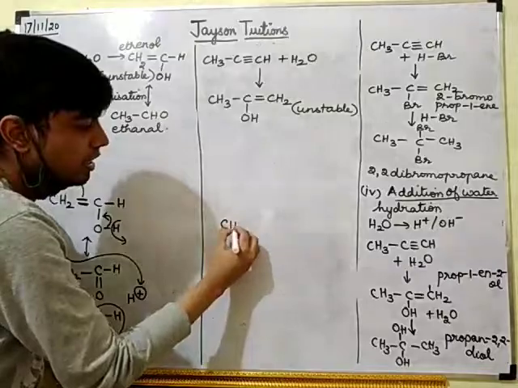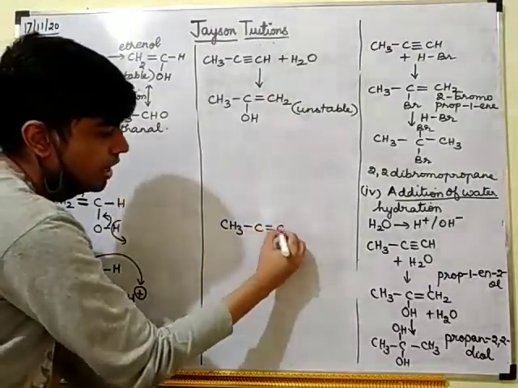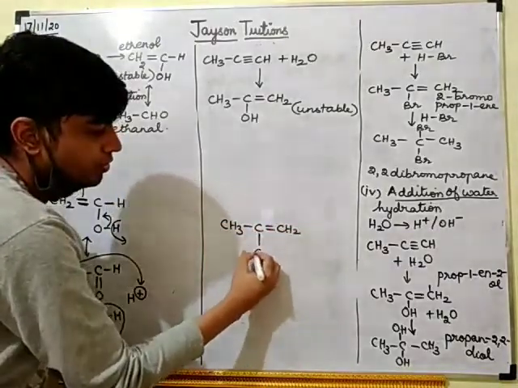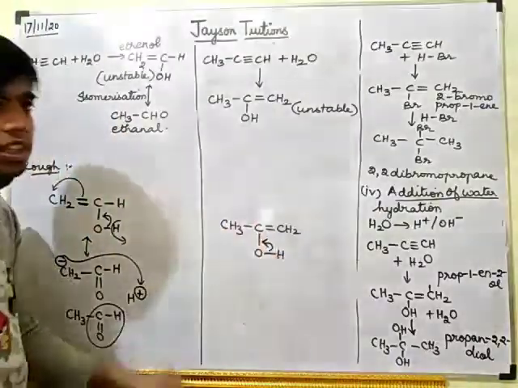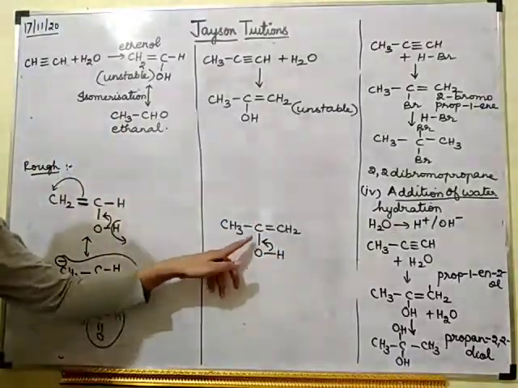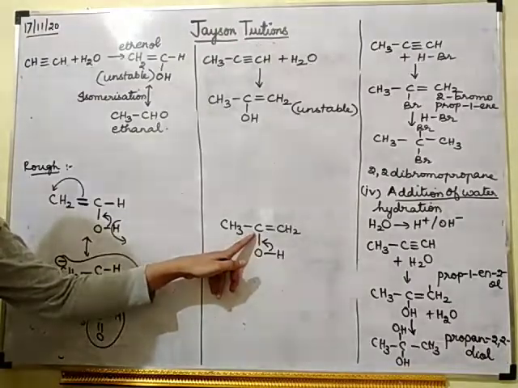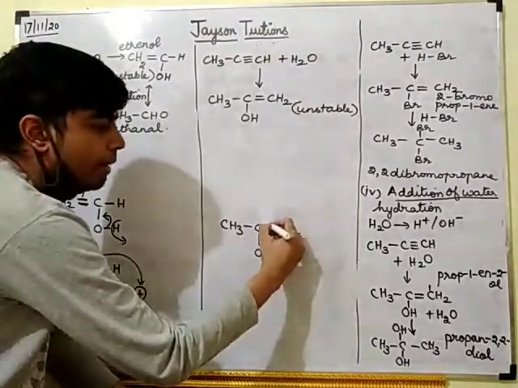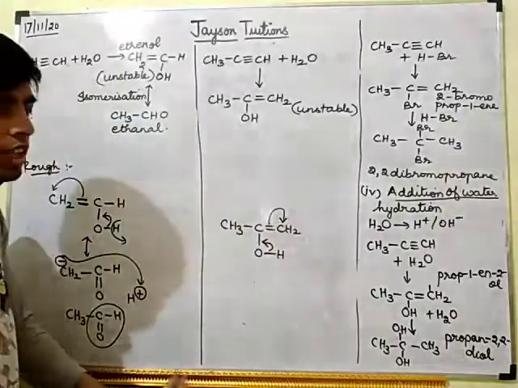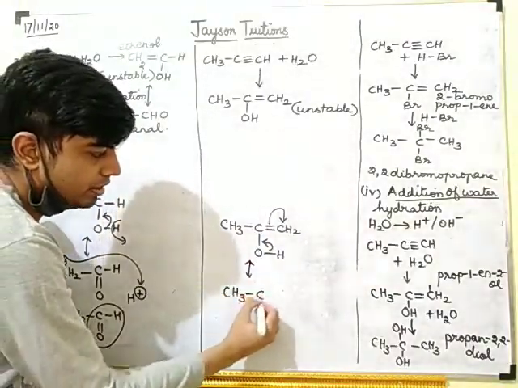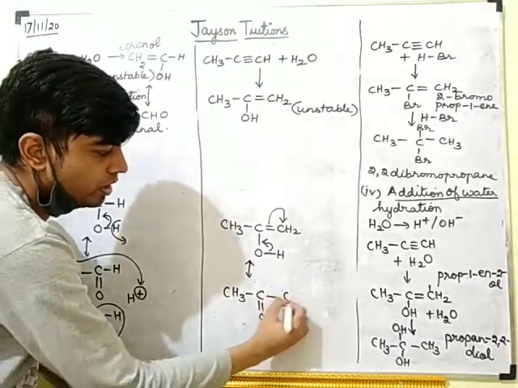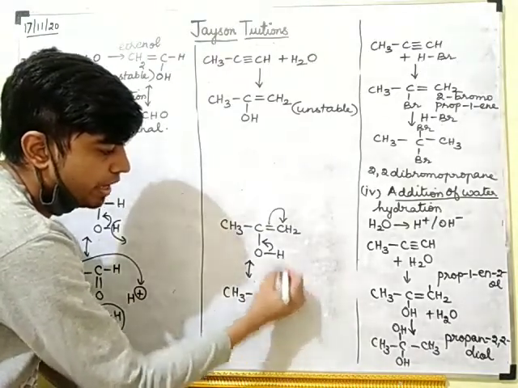So I am writing it here. CH3 C double bond CH2 OH. So this bond will shift here. If this bond shifts here, carbon will get 5 bonds. So what will happen? This bond will shift on the top. So what will I be getting? CH3 C double bond O single bond CH2 minus.